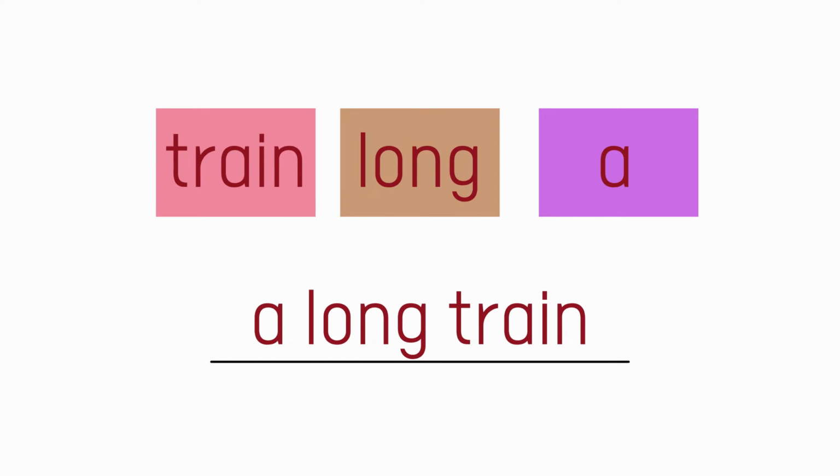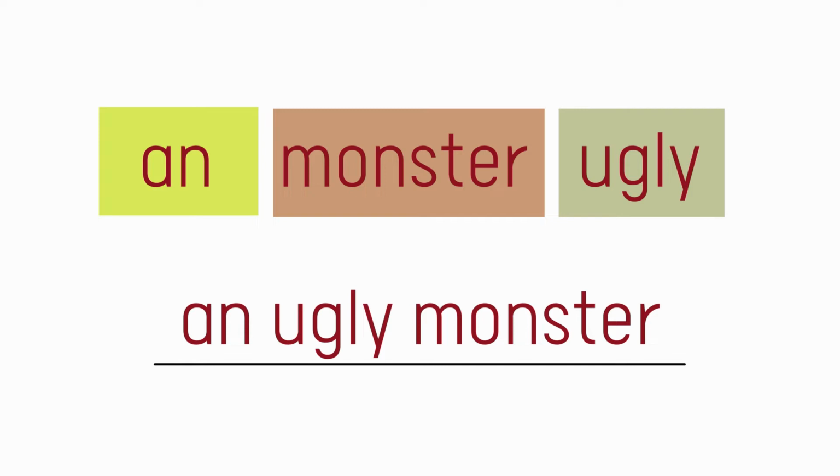Train, long, a. Put article a at the front. Put adjective long in the middle. Then put the name train at the end. So we got a long train. And monster, ugly.